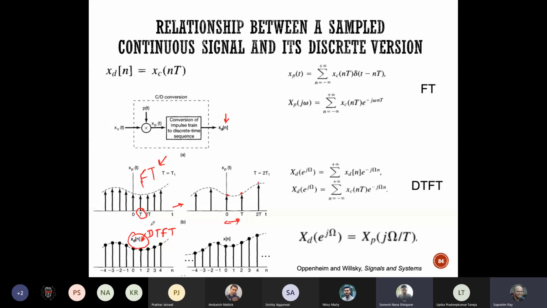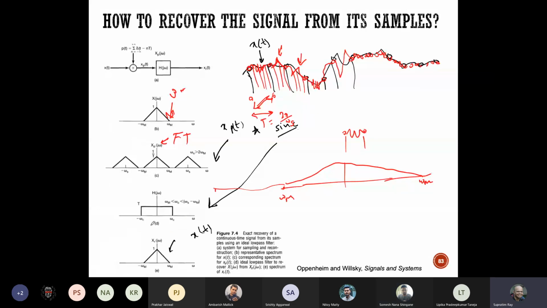So the only thing I ought to lose, going from, if this is my Fourier transform and this is periodic and all that, is that I will not know what omega s is. Omega s, remember, is 2 pi by the sampling period. So the DTFT will actually be just between minus pi and pi. To know omega s, I need to know what the sampling frequency is.